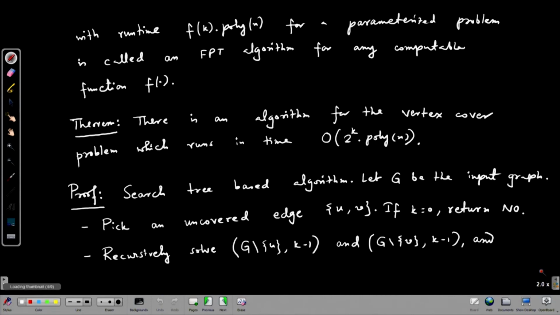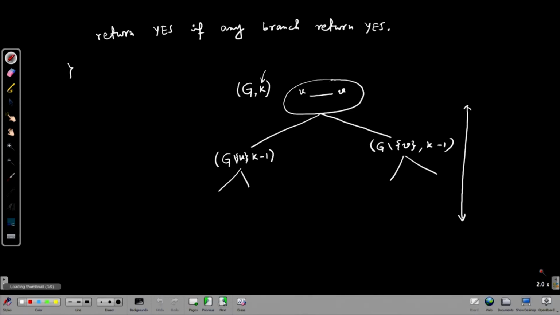So here also let me write, if no edges, then also return yes. Otherwise, if there is an uncovered edge and if k equal to 0, return no. So this height is at most k.